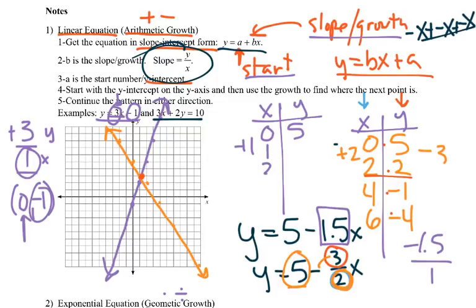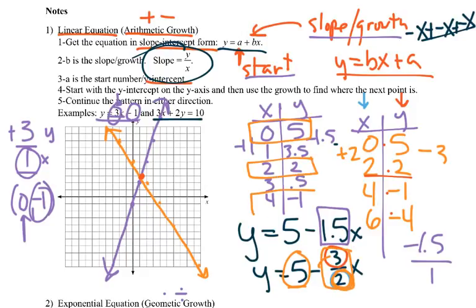So this side would be going up by 1. As this side goes up by 1, my right side would go down by 1.5. So this would be 3.5, then 2, then 0.5, then negative 1. So see, by the fraction, we just went every 2, but we're getting the same thing.